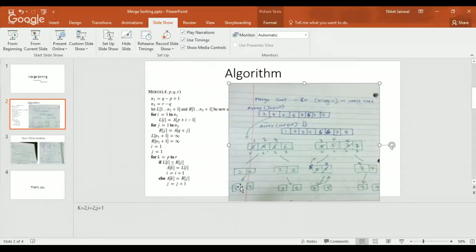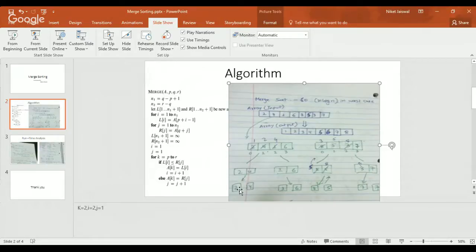My merge sort algorithm will work with one if condition: if the entire length is k, from the starting position of my array to the ending position, and k is less than 2, it means the length is 1.